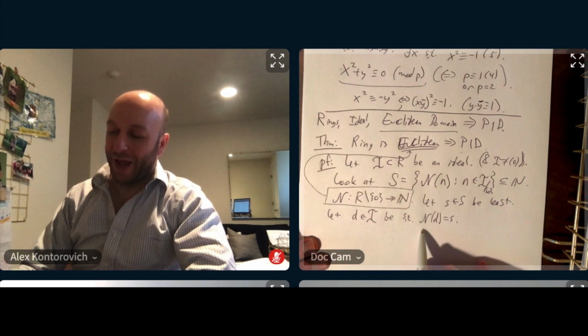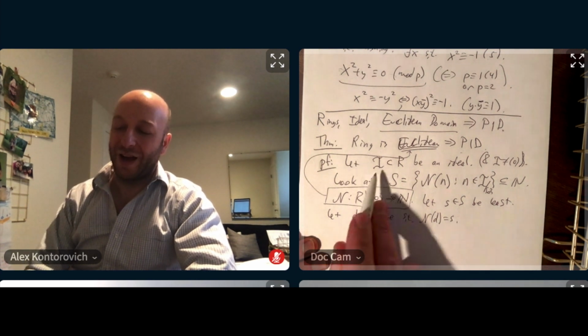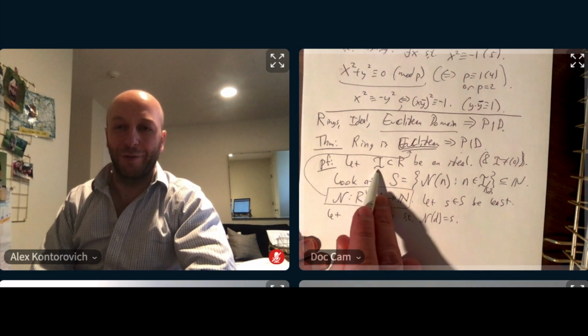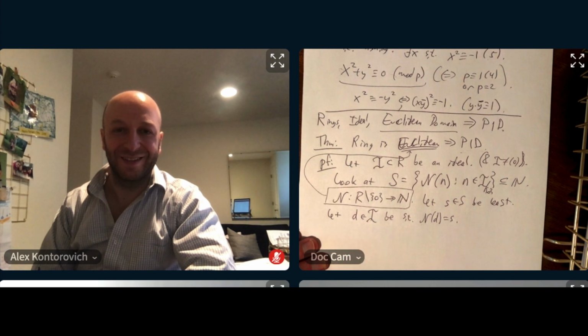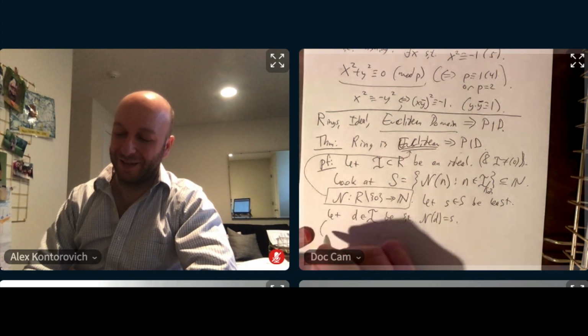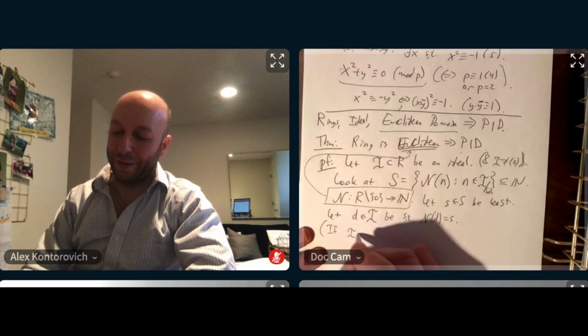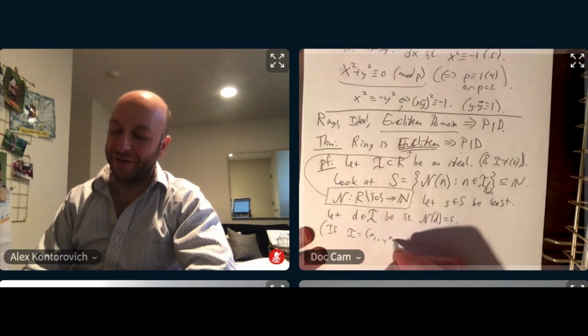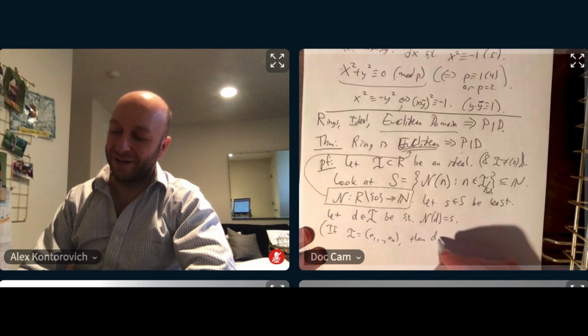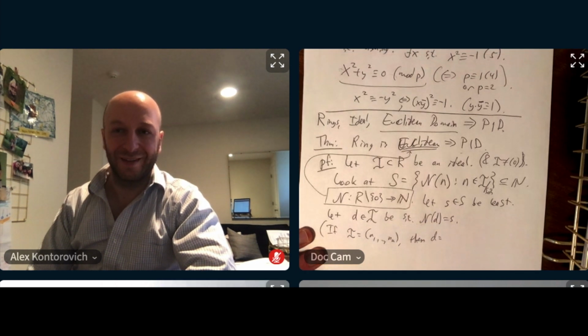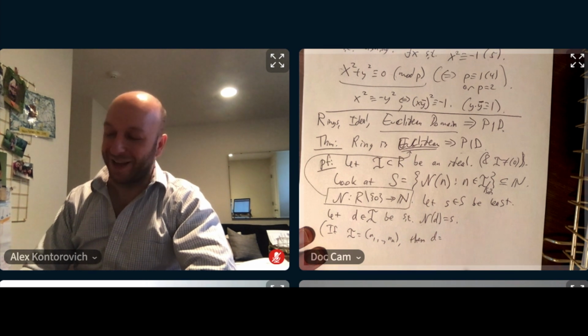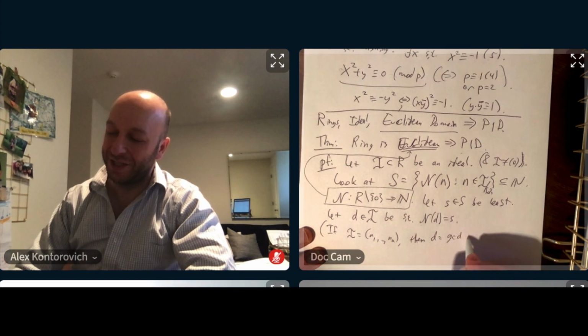Okay, so we have this element D. If I is generated by a bunch of elements n1 through nk, what do you think D is going to be? You want to type it in the chat? So if we think explicitly of I as being generated by a bunch of elements, then D will be, yes, exactly, a GCD.